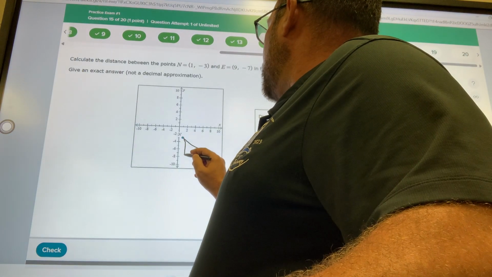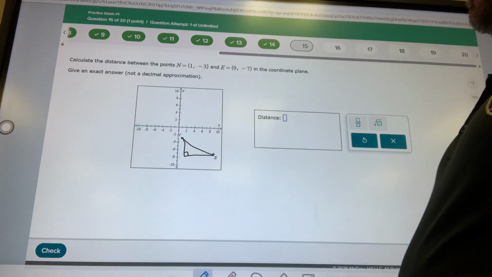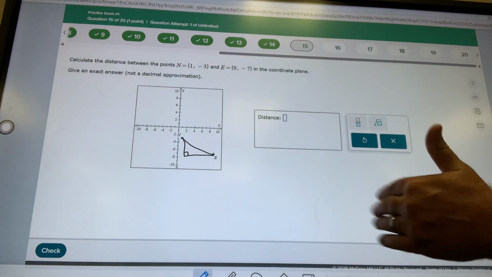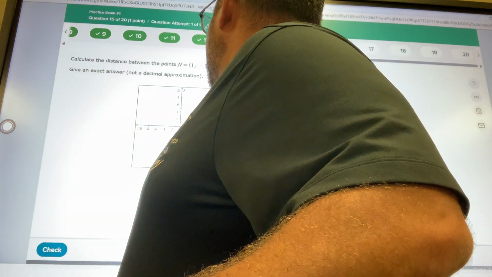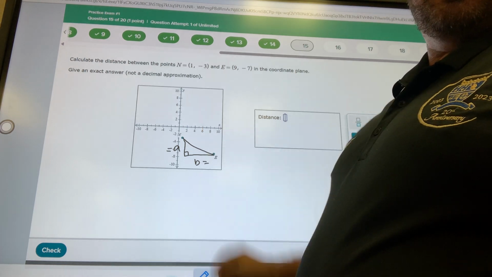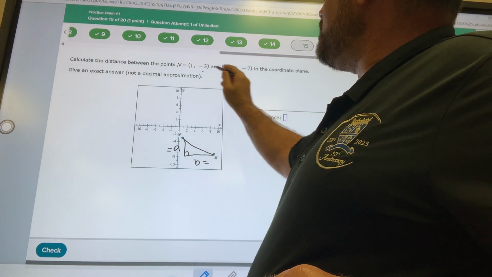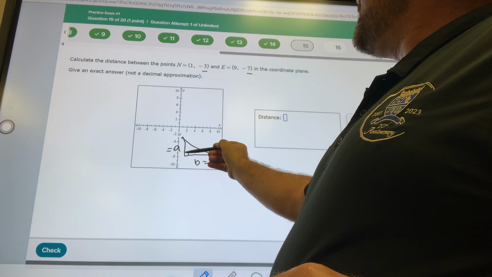I'm going to draw myself an imaginary right triangle, and I'm simply going to calculate the spaces for those values of A and B. To get the vertical distance between those 2 points, that's the distance between the y values. N is at -3, E is at -7.